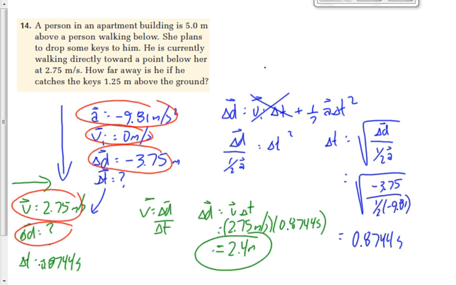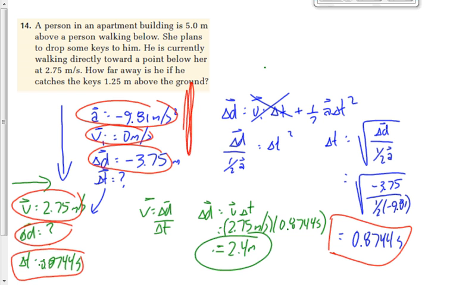Why is it okay to make the time the same for downward motion and horizontal motion, but not those other variables? Why is it okay to move over the 0.87 from the y-axis motion to the x-axis motion, but it's not okay to move over the displacement or the acceleration or the velocity?